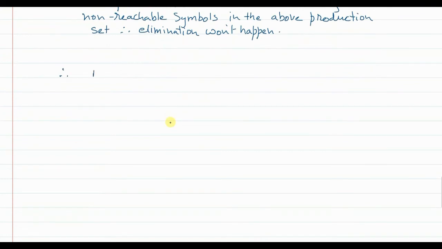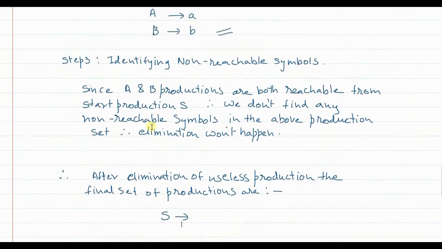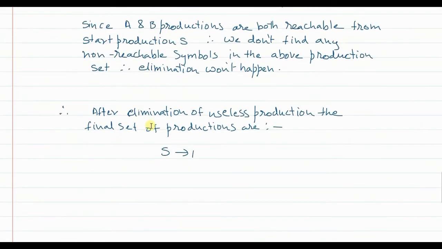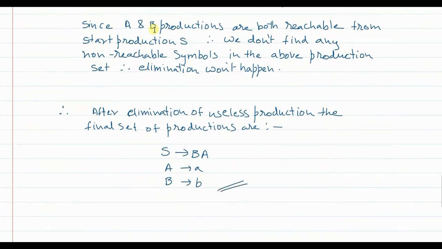Therefore, finally, after elimination of useless production, the final set of productions are, just write them as it is: S gives BA, A gives A, and B gives B. So this is the answer.